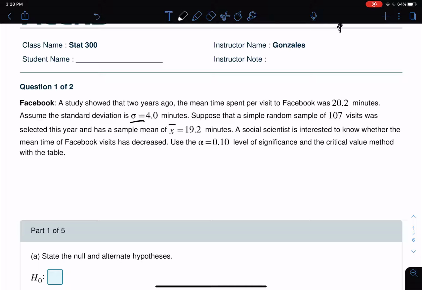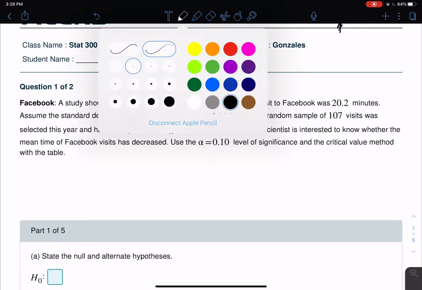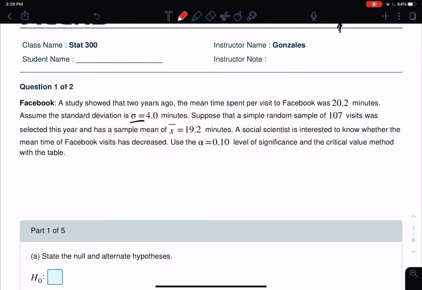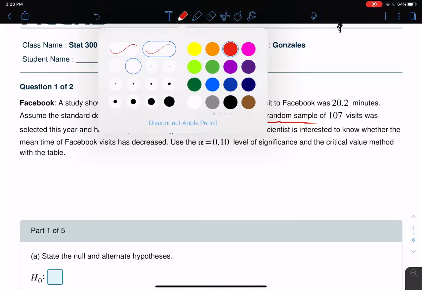Okay, and it said a study showed 2 years ago. So suppose that a simple random sample. You can hear the language change right here. Everything after that, we're talking about sample information, and the information before that, we're talking about population information.